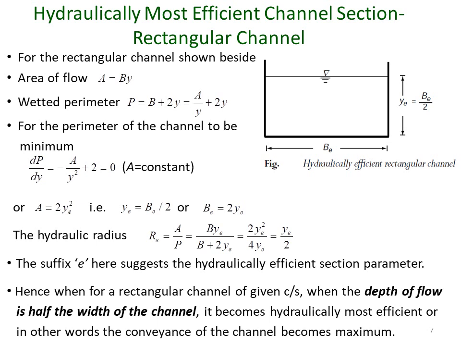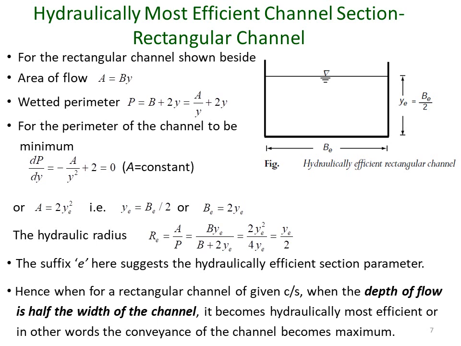So if we try to achieve the minimum perimeter of the channel with respect to the flow depth, then we differentiate the perimeter with respect to y, and dP by dy here is given by equals minus A by y squared plus 2. Note here that A, the cross section, is a constant here.